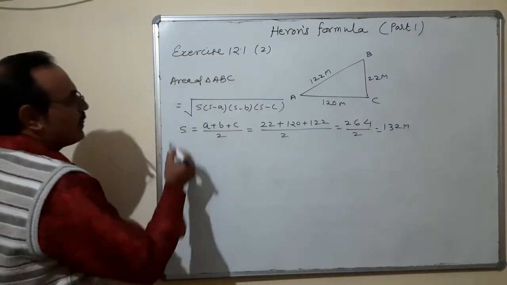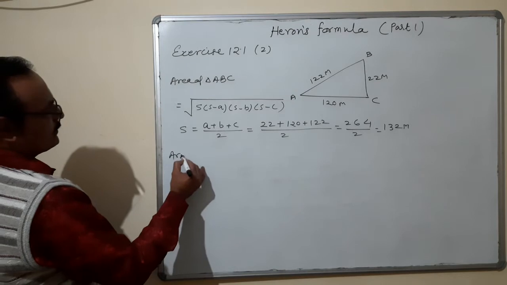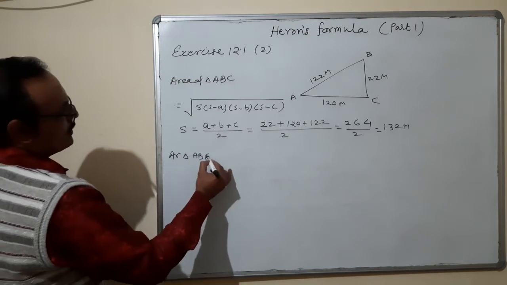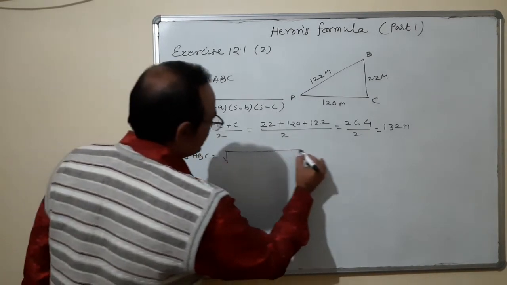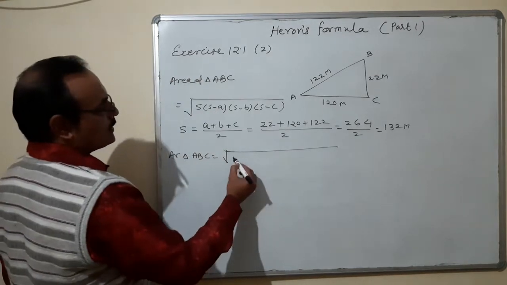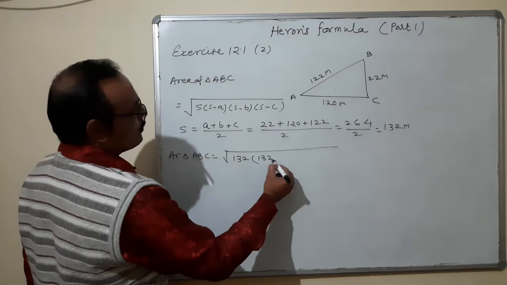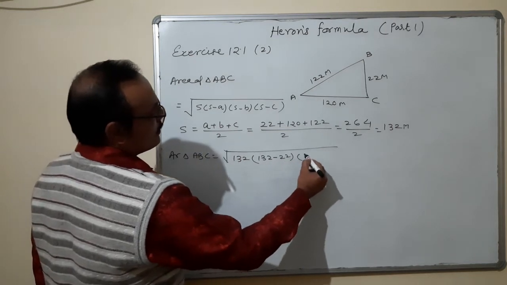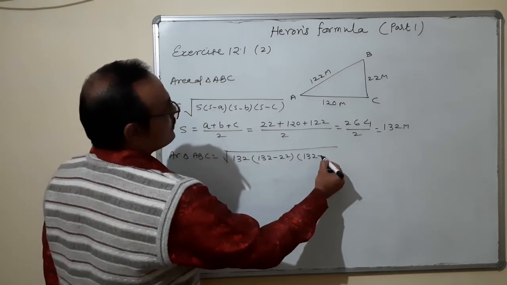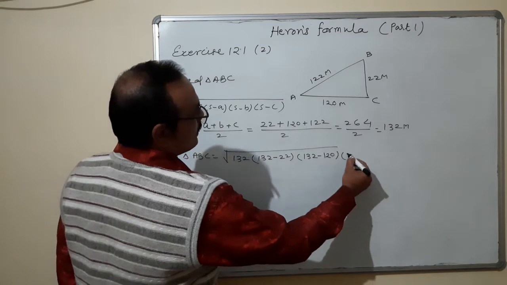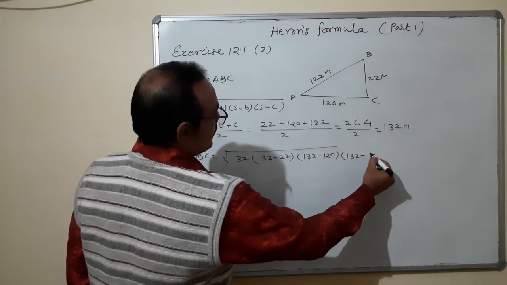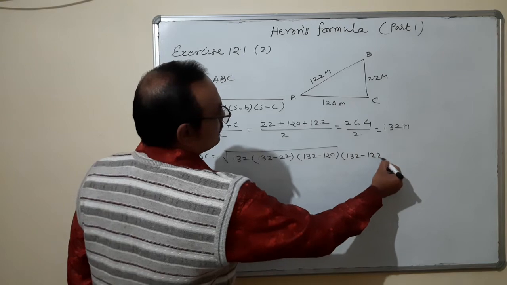Using the formula, putting the values in it: 132 into 132 minus A, 22, 132 minus B, 120, and 132 minus C, 122.